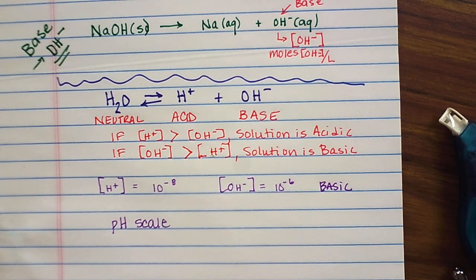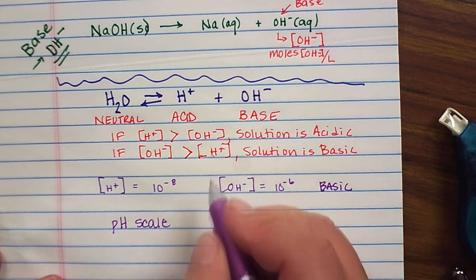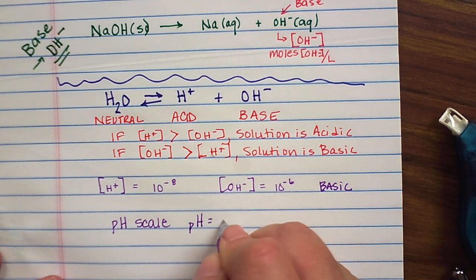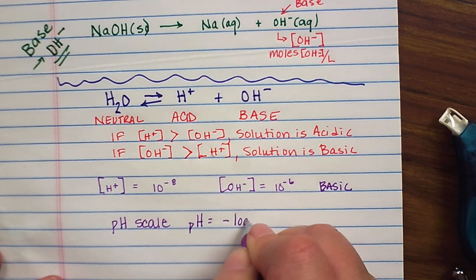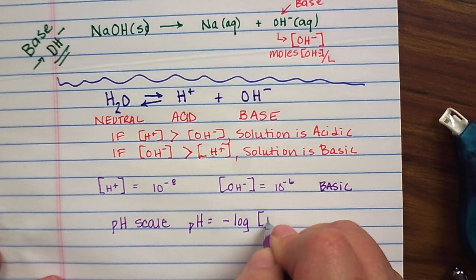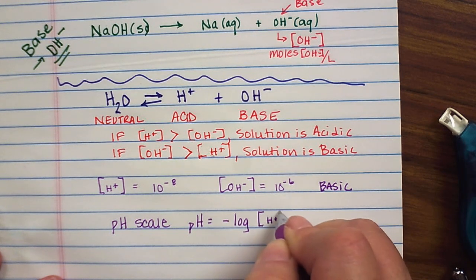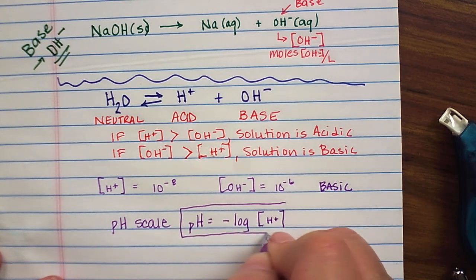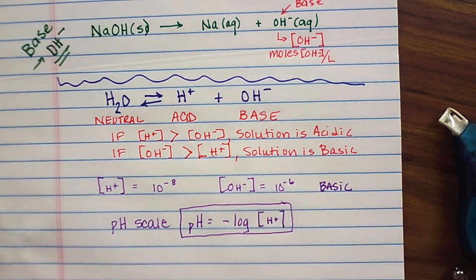And the way to find the pH, and this is important, the pH is equal to the negative log of the concentration of the H plus. Okay? So this is super important. You get to use a button on your calculator you don't use very often. The pH is equal to the negative log of the H plus.